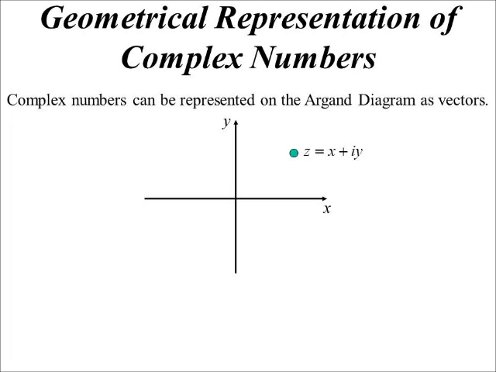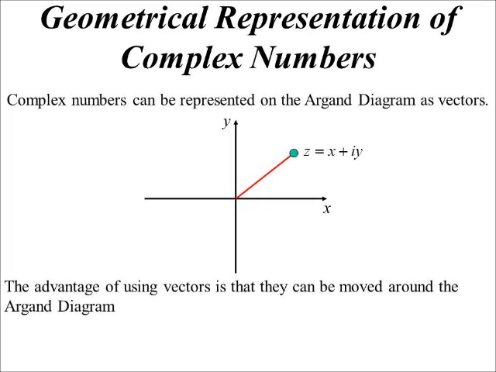The advantage of a vector: if I now think of it as that red line has length and it makes an angle with the horizontal. But I can move it. If I move it there, its length is still the same. The angle it makes with the horizontal is still the same.